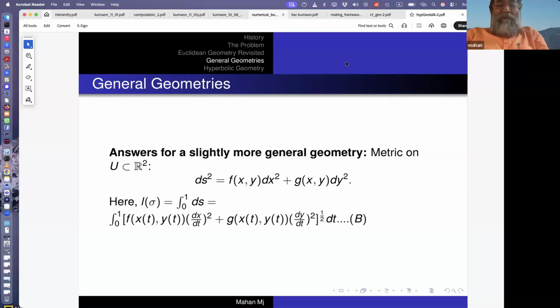If you replace f and g by the constant function 1, you get back infinitesimal Pythagoras, from which the fifth or the parallel postulate does follow. But now suppose I replace these by arbitrary positive functions f and g. Do the same axioms hold? The first four axioms are reasonably easy to check, at least locally.